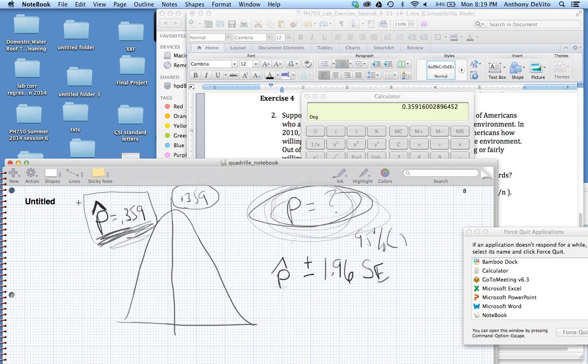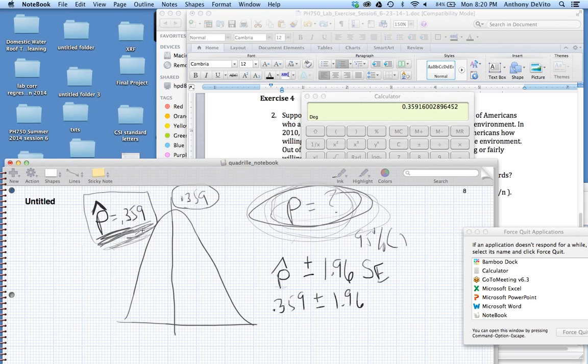Okay, the problem I have here, I know what P cap is, 0.359 plus or minus 1.96 times the standard error. I got a problem here. This is a proportion. It's not like a regular number. This is a percentage of people that voted for Hillary Clinton versus Barack Obama in the 2007 or 2008 primaries, right?